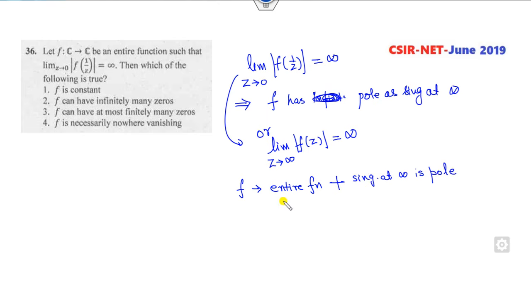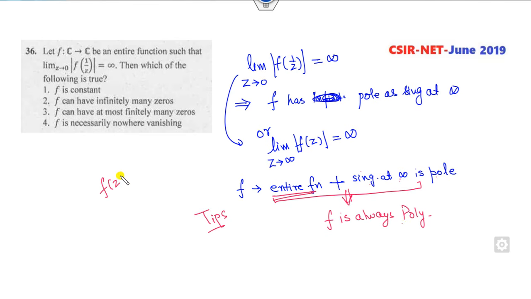So what is the result of them? Whenever these two results are proved, the function is always a polynomial. So remember this tip always. Whenever a function is entire and the only singularity at infinity is a pole, then the function is always a polynomial. So it means the function is a plus bz plus cz square and so on.